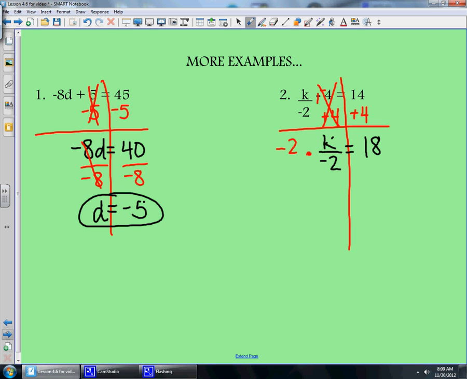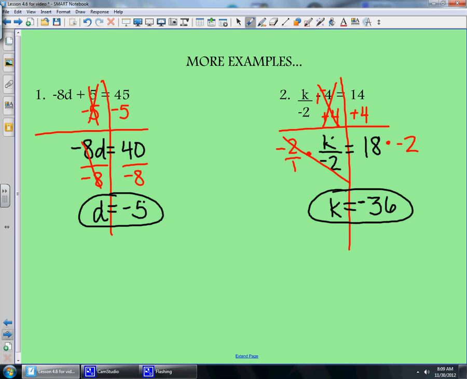And we're going to multiply by negative 2. The negative 2's cancel. So k is equal to 18 times negative 2, which is 18 times 2 is 36, and a positive times a negative would be negative 36.